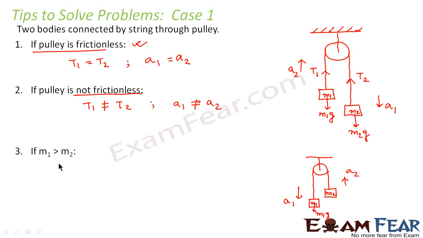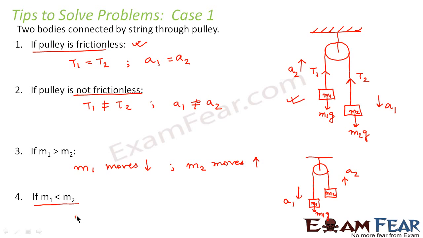So if M1 is greater than M2, M1 moves vertically downwards and M2 moves vertically upwards. Now let us take the fourth and the last scenario where M1 is less than M2. This is exactly this scenario. M1 is less than M2.